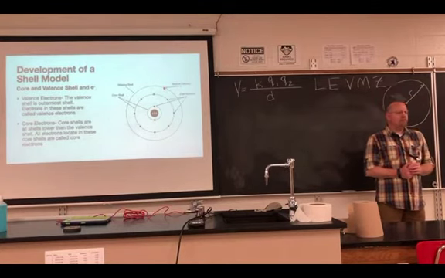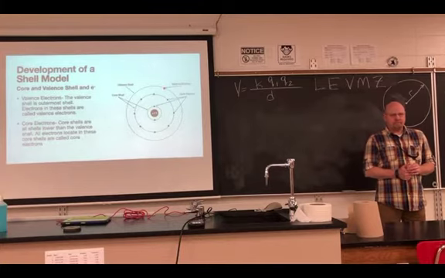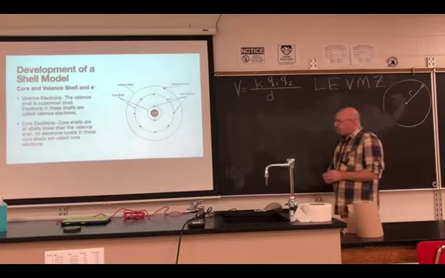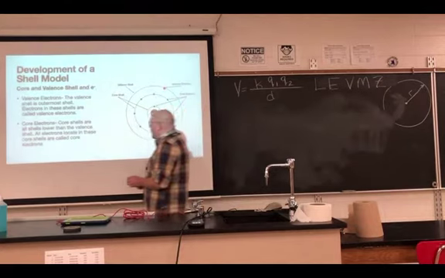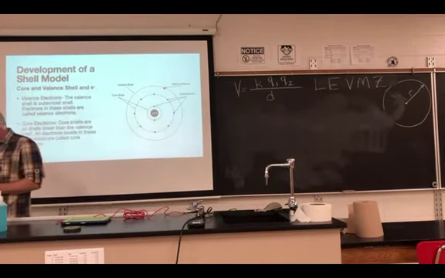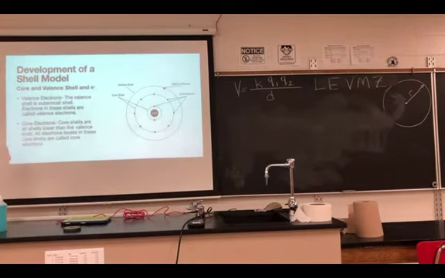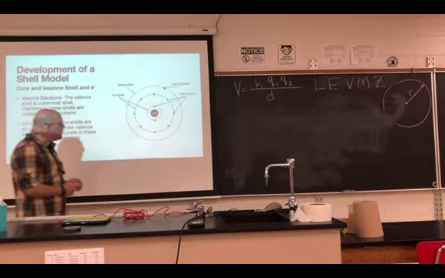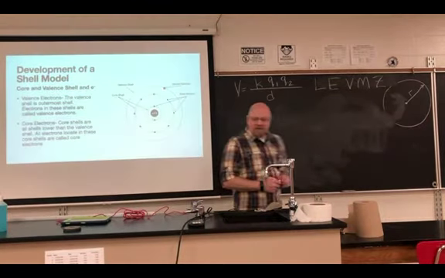That's probably a new term for you. Okay? There are some patterns and trends that we can look at on the periodic table that help us if we know how many valence electrons there are. Questions about this?